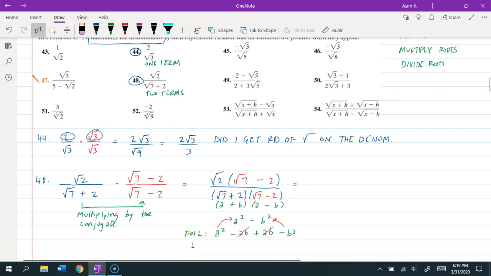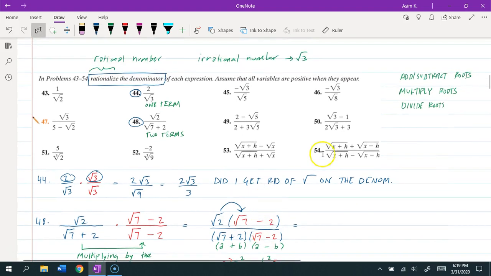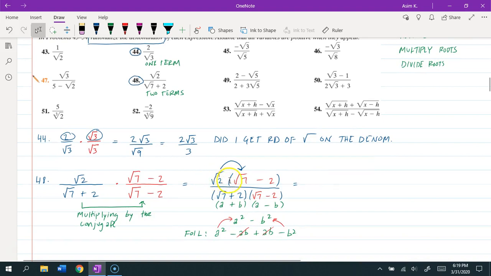So now here's what we have. We have the root of 2 times the root of 7. You can pause here and ask, how do you multiply roots? As long as the roots are the same, and these are both second roots, you're allowed to multiply what's on the inside of them.